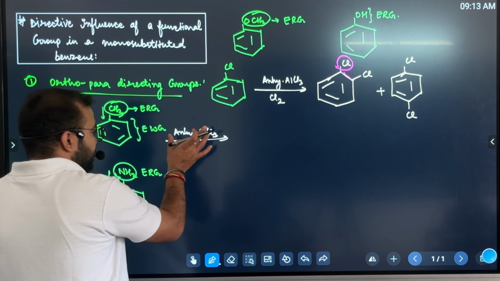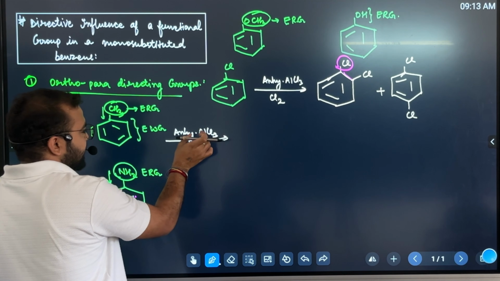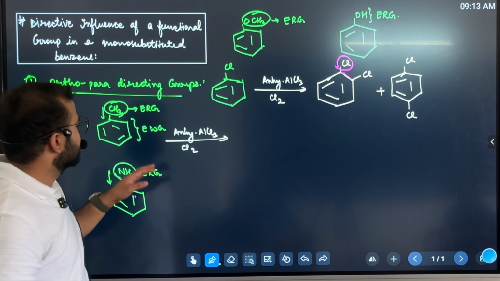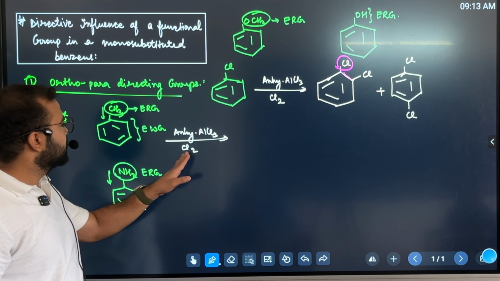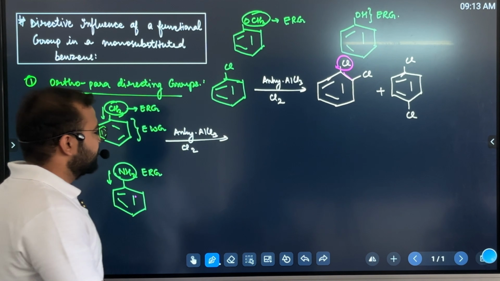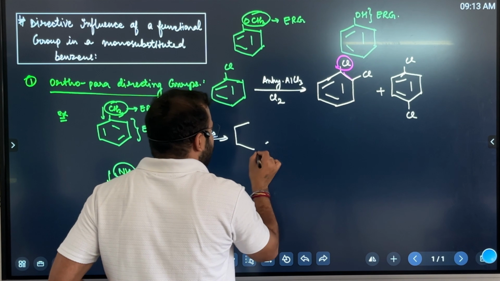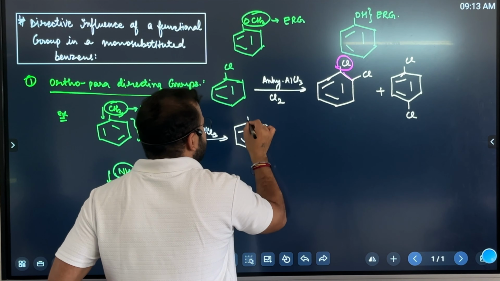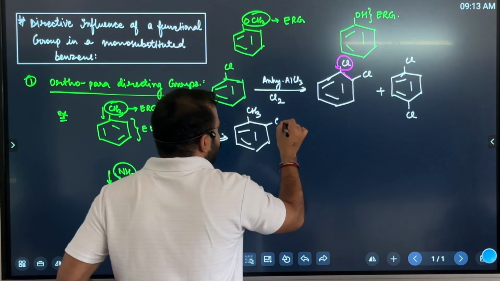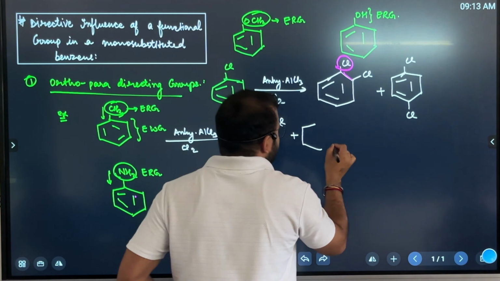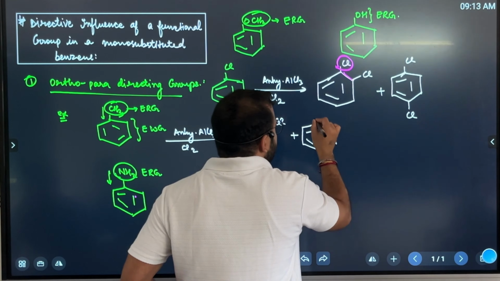So now what will happen? Come back here, anhydrous AlCl3 is there. If you keep anhydrous AlCl3 with chlorine in the presence of toluene, your chlorine will go either on the ortho position, here, or the second one is here, which is called the para position.